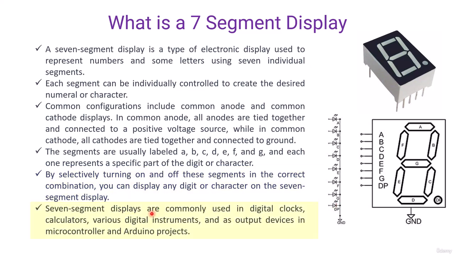Finally, these 7-segment displays are commonly used in digital clocks, calculators, various digital instruments, and as output devices in microcontroller and Arduino projects. This is one kind of display module. Any project that includes displaying a numerical value or a character, we can use a 7-segment for that purpose.